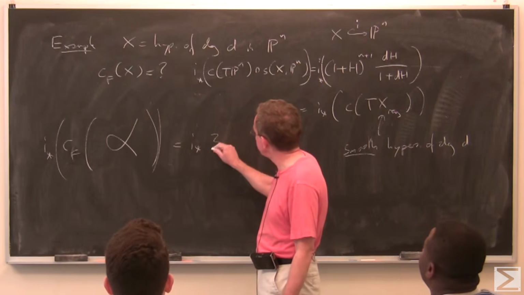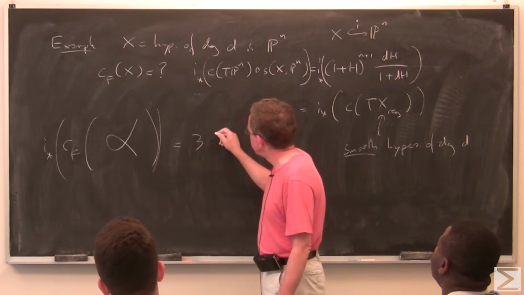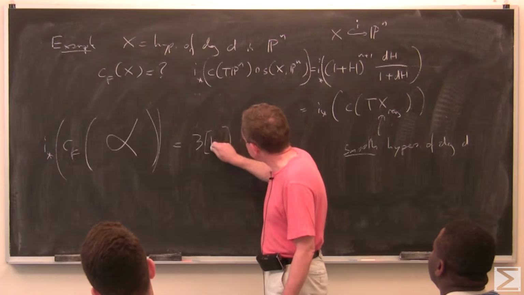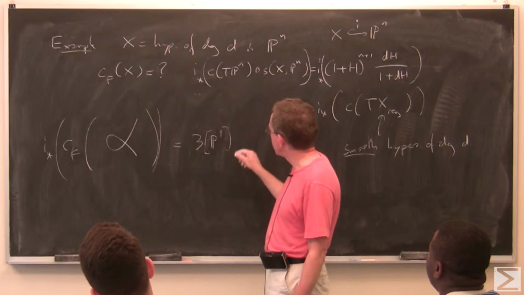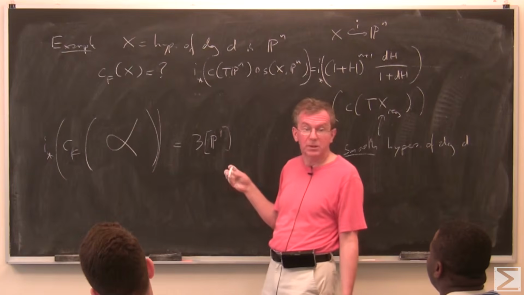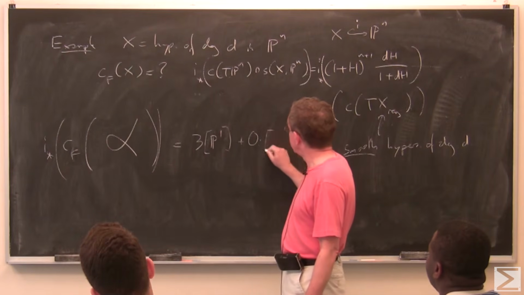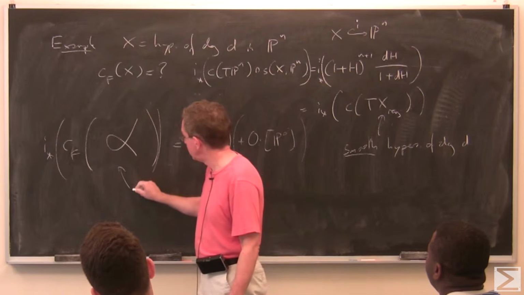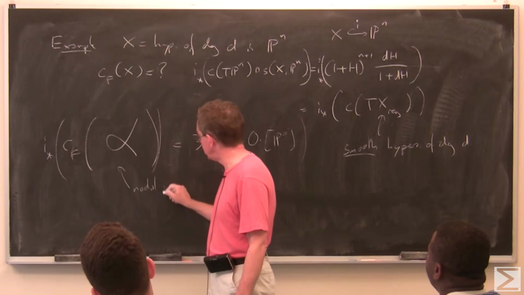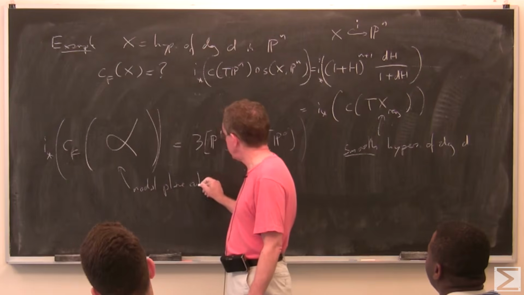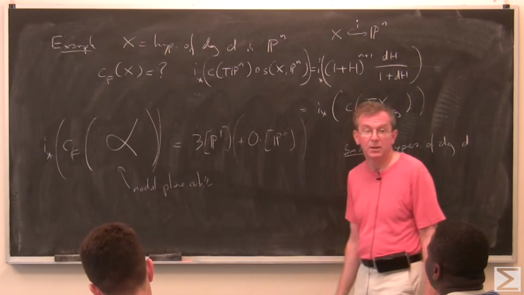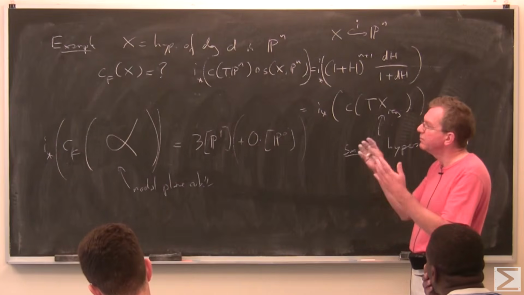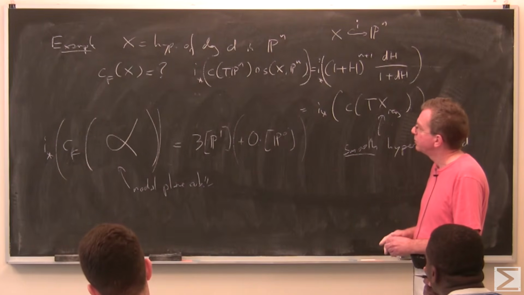Tangent bundle of an elliptic curve, we just write the 3 class, the class of P^1, plus Euler characteristic, which is 0 for an elliptic curve, times 0. So these things are computable. To some extent, if you have some information, this does not involve difficult computations.